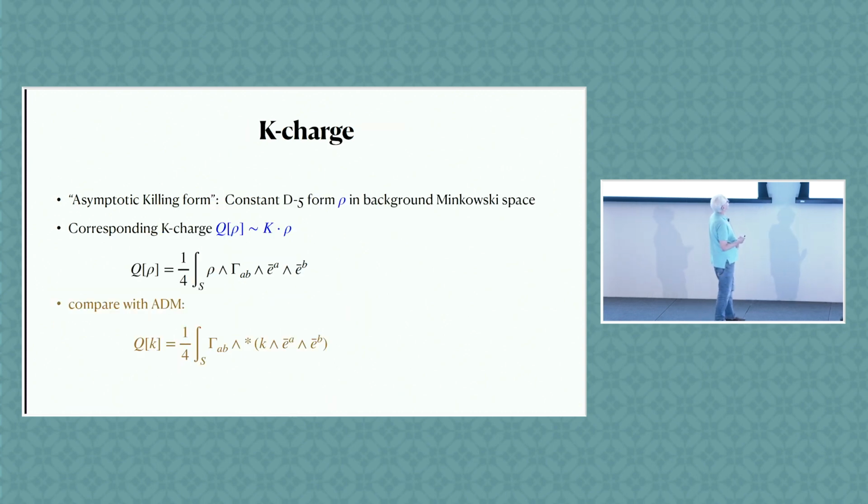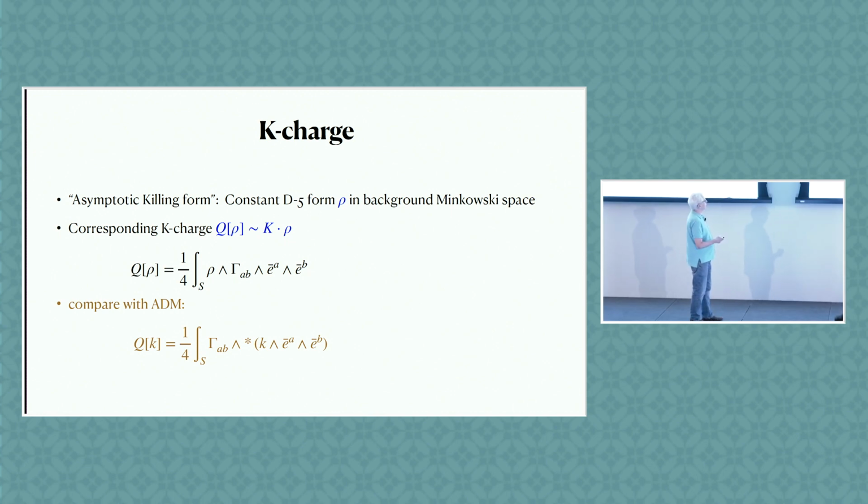And for the K charge, if we take a constant d-5 form in the background Minkowski space, the corresponding K charge could be written as a d-5 form. So if we dot it with this constant form, we can write it in this way, where rho here, strictly speaking, is an adjoint form which tends asymptotically to this, and we get this form for the charge.